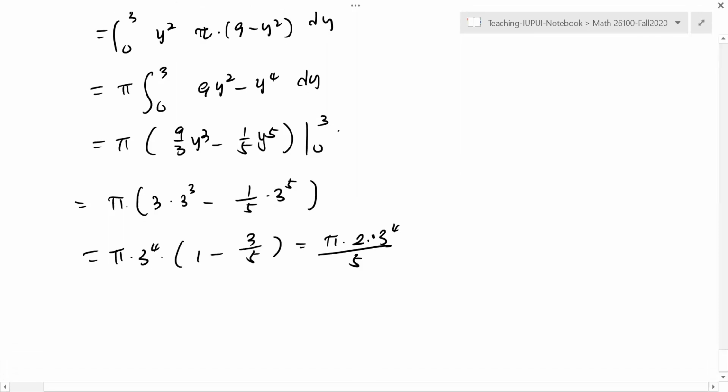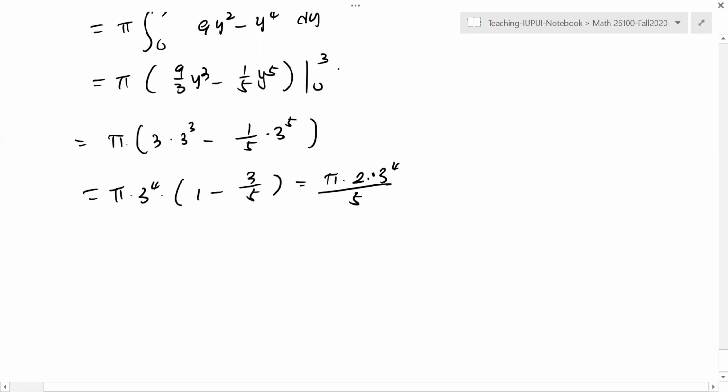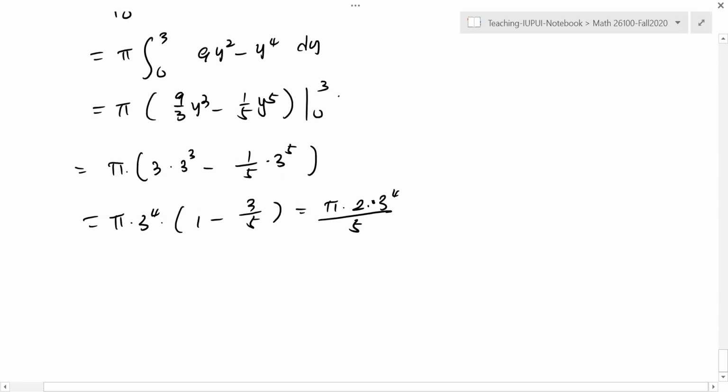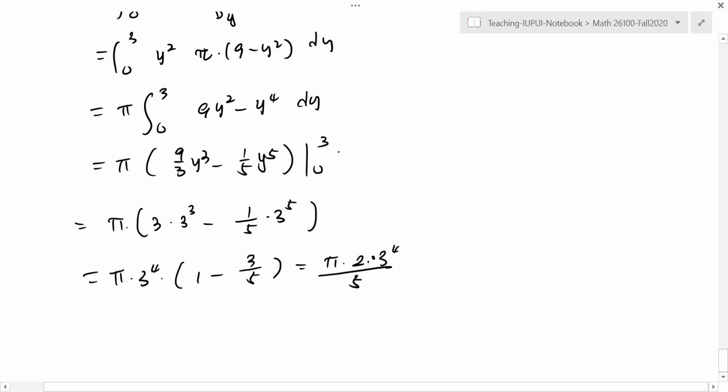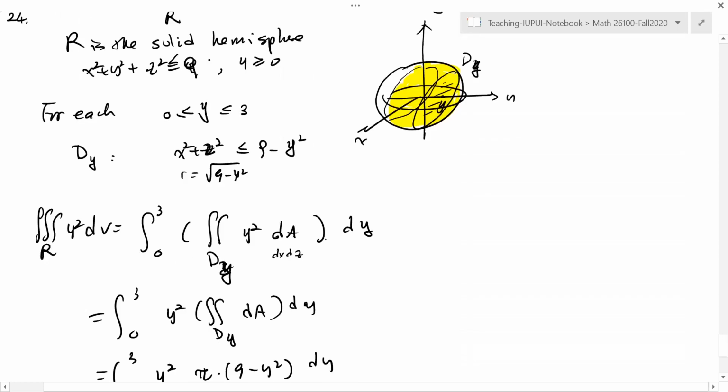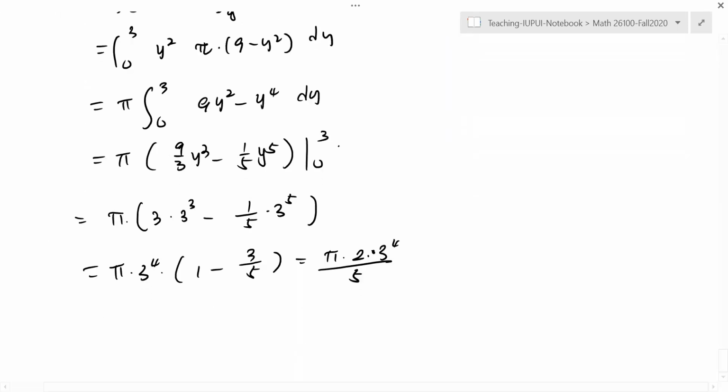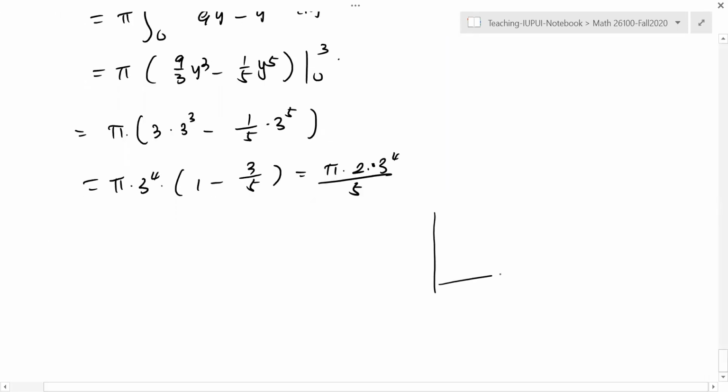All right. So now I already got the answer, right? So how about spherical coordinates? We look at this picture again. Y is greater than or equal to 0.